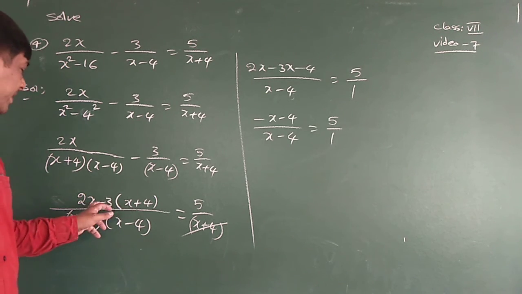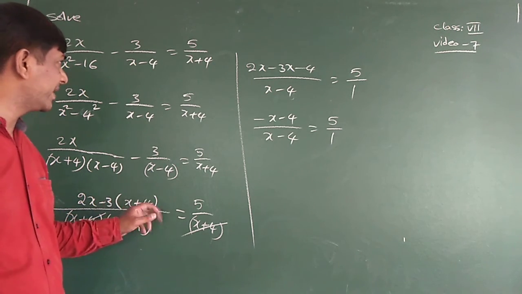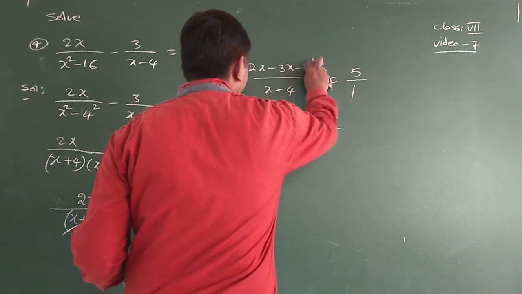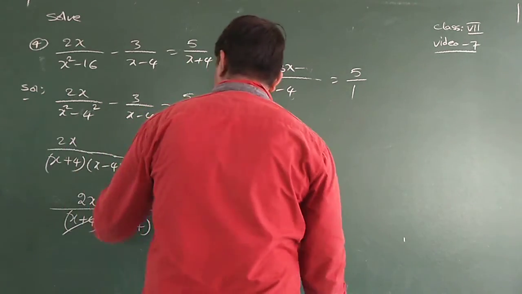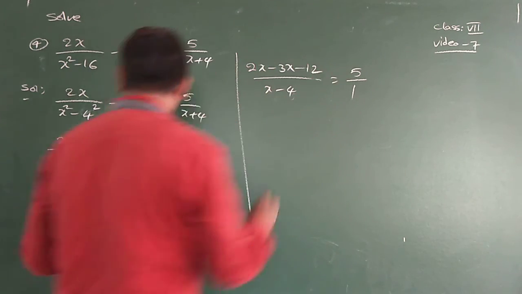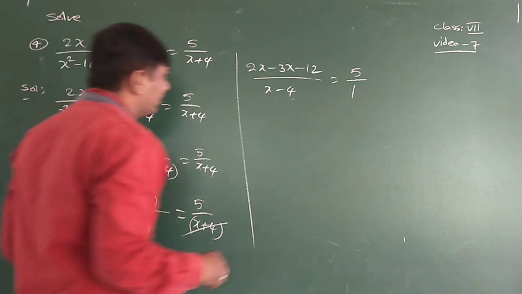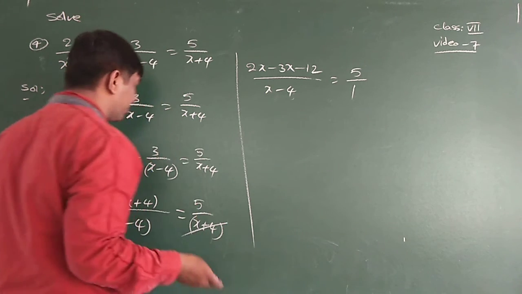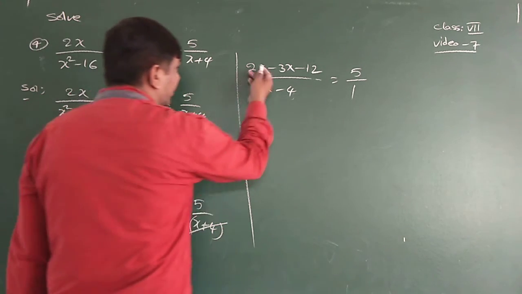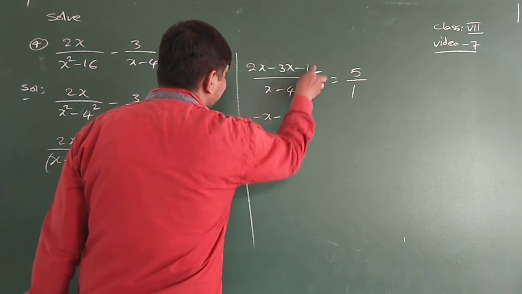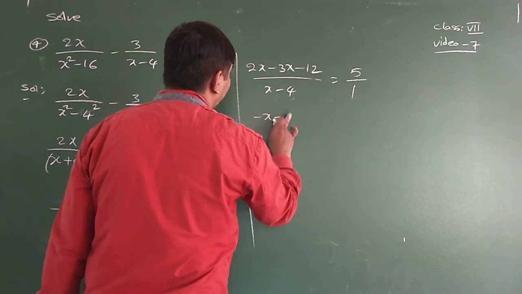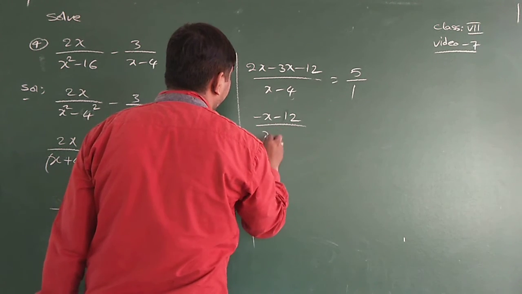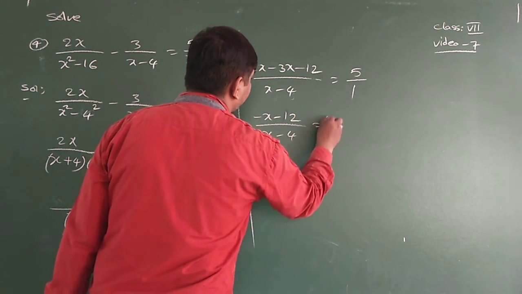Here minus into plus minus 3 4s are 12, sorry. 3 into 4 is 12, so 12 by x minus 4 is equal to 5 by 1. Now minus x minus 12 by x minus 4 is equal to 5 by 1.